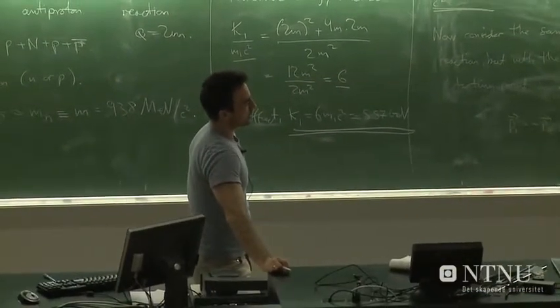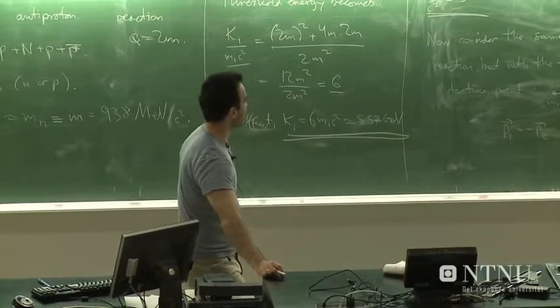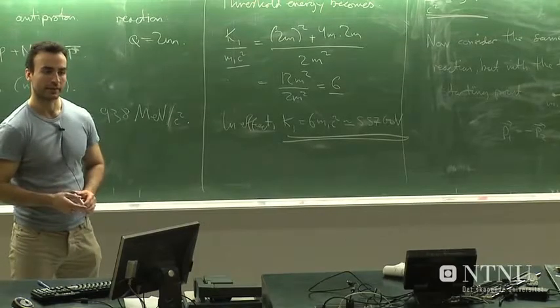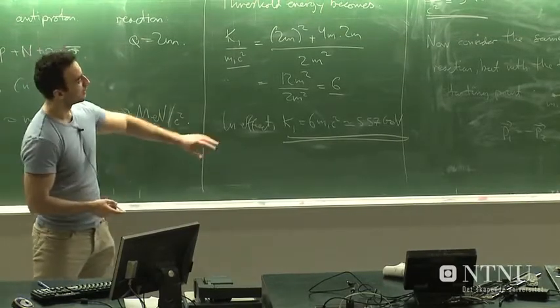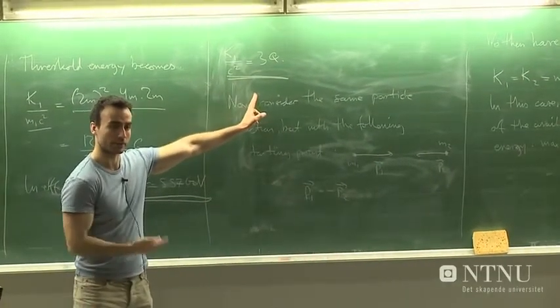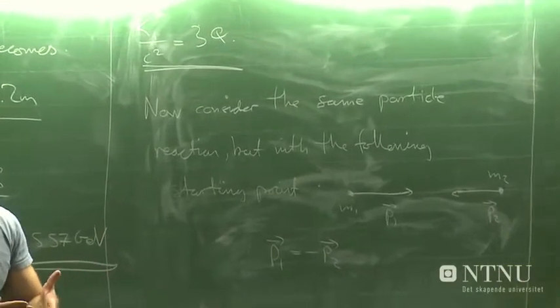But there's another important question that presents itself here, I feel, and that is, why is there such a large difference? Can we account somehow for this large difference in threshold energy? Why is it so much lower when you're accelerating towards each other compared to when you shoot at something at rest?